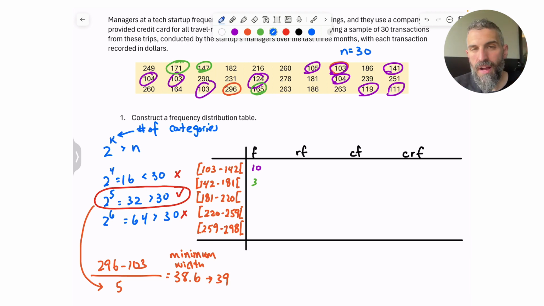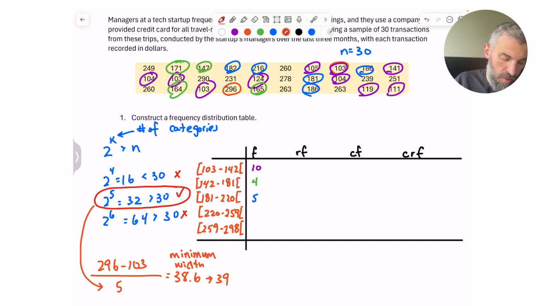And if you're keeping track, you'll eventually find them if you miss them. So 181 to 220. I see 180. Oh, there's another one. 164. It's like I completely missed that left side. So 164. So I've got 4 in that category. Okay, 181. So 1, 2, 3, 4, 5. So 5.